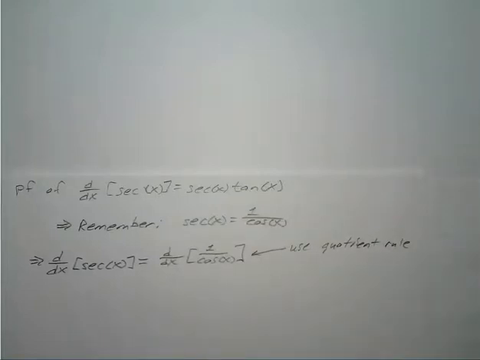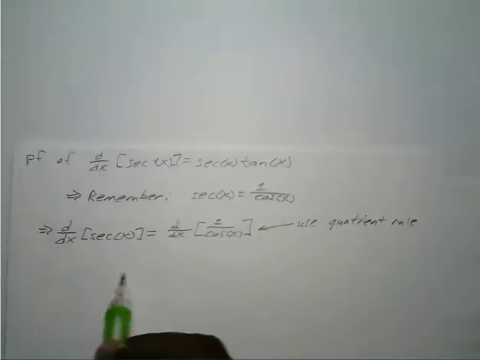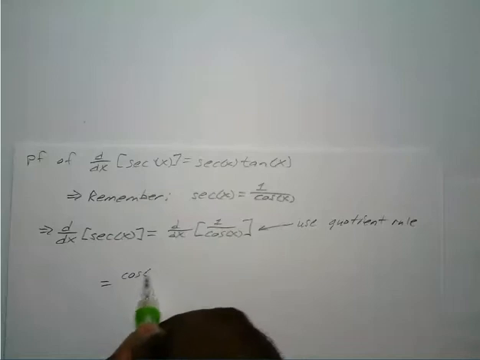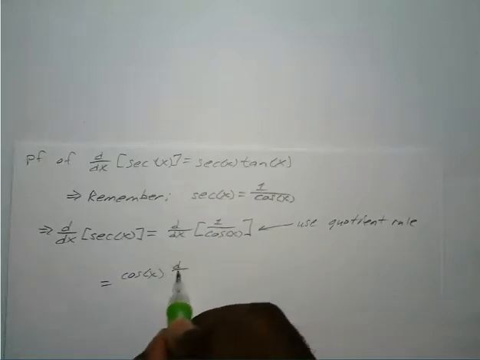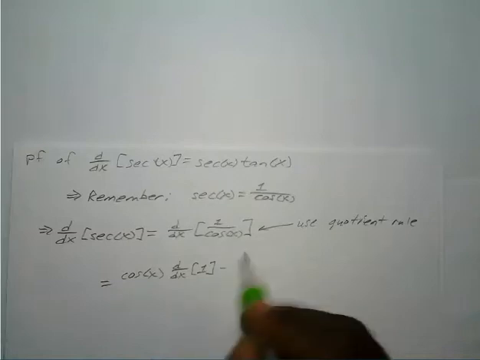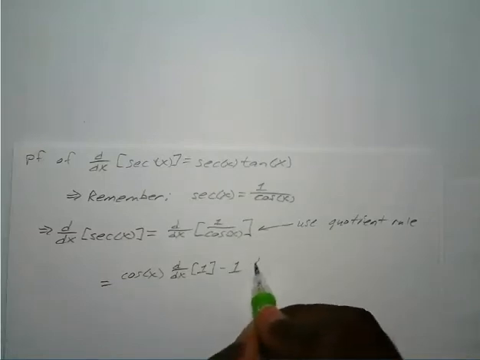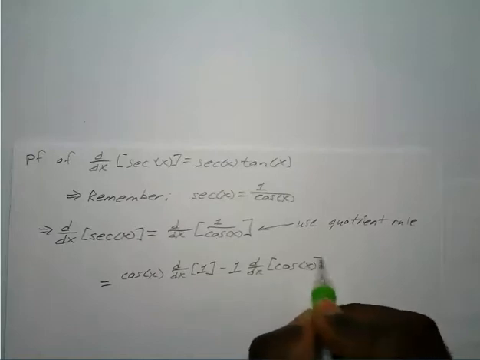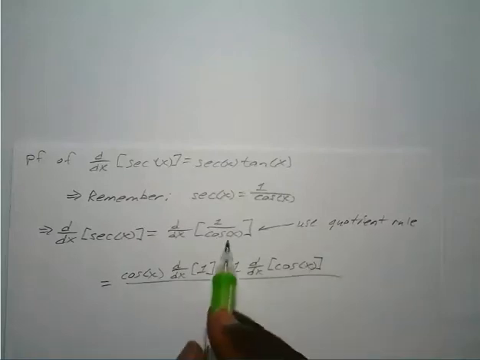Alright, so that means using the quotient rule, you have your denominator times the derivative of your numerator minus your numerator times the derivative of your denominator, all over your denominator squared.